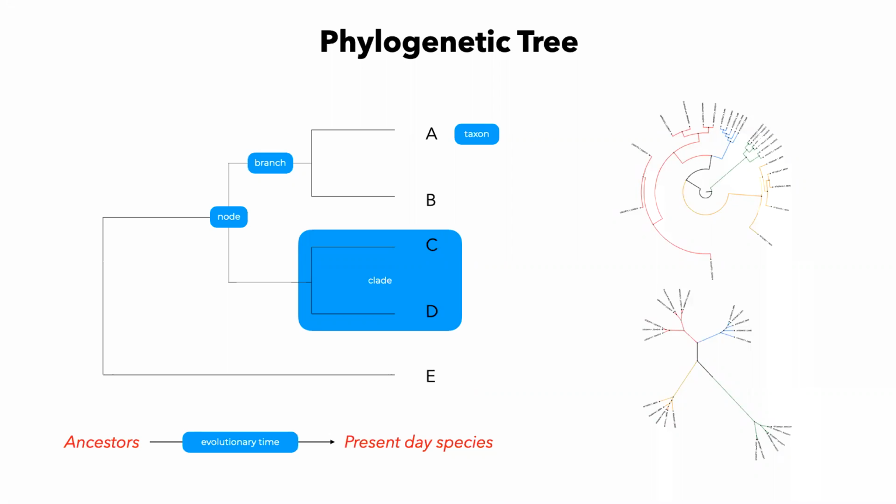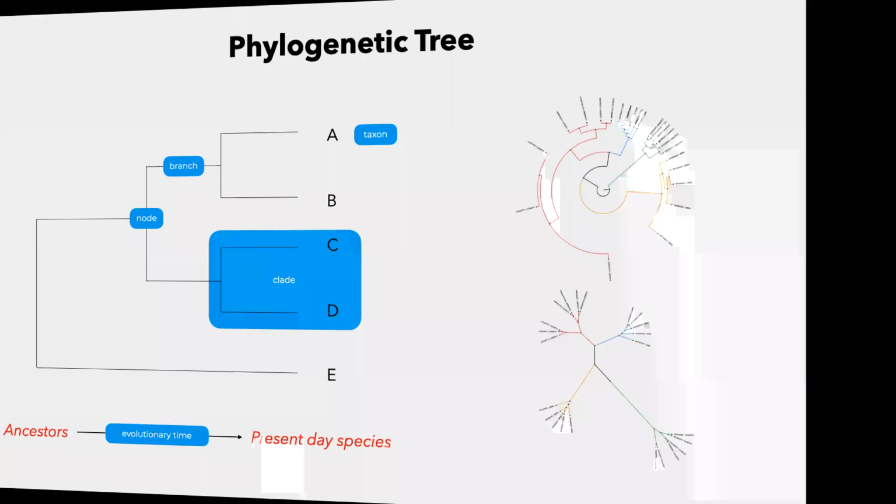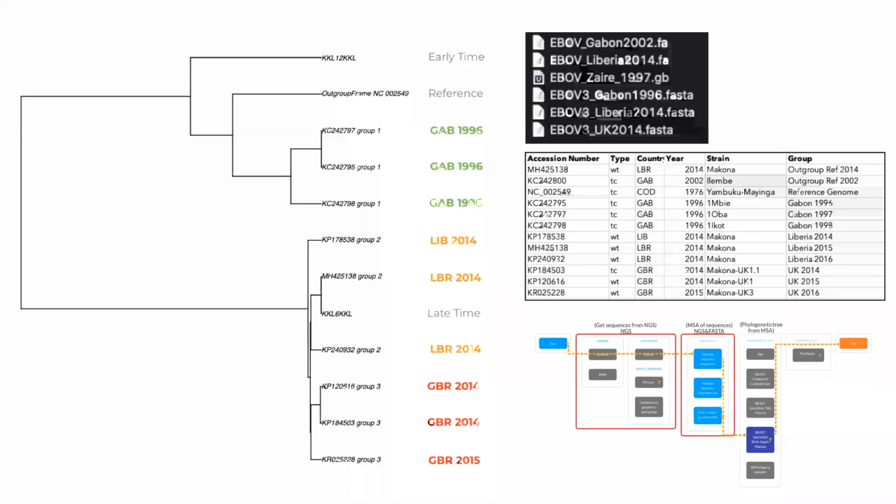So this is more of an analysis of how they are related to each other evolutionarily, and that's what we call phylogenetic analysis. Oftentimes you can do this with viral sequences, and what it really does is it helps us identify relationships and then focus on specific changes.